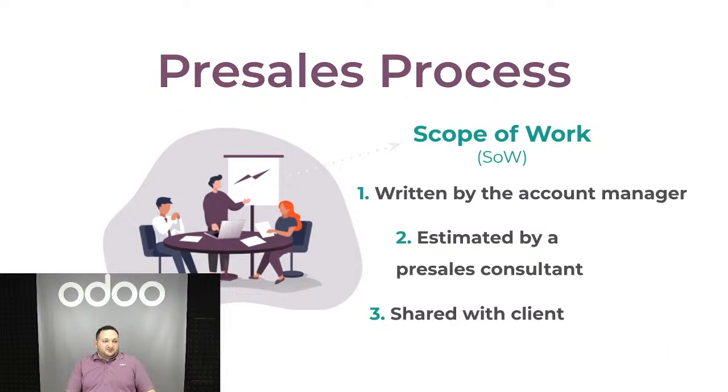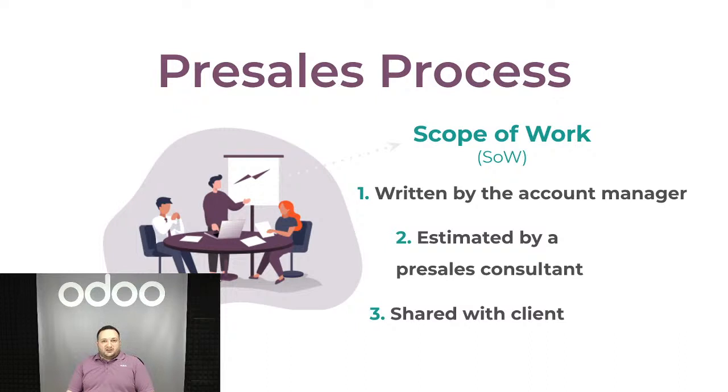Now, the pre-sale process, so this is more involved with ROI and before the project implementation. Basically, there's a scope of work, which is a document prepared by the account manager, the sales guys on our end, based on the requirements they gathered from the customer. It's estimated by a pre-sales consultant, which is also a consultant from a team that does the implementation.